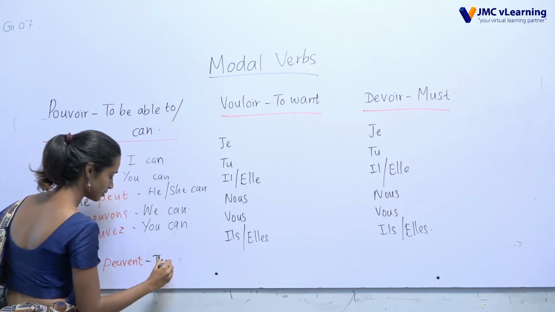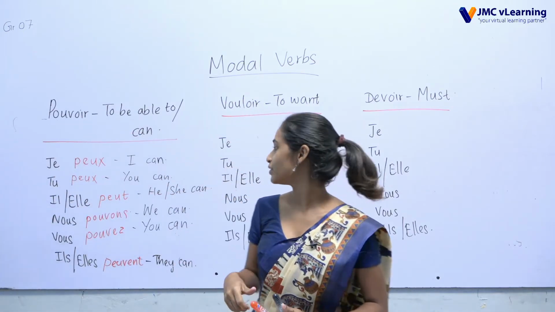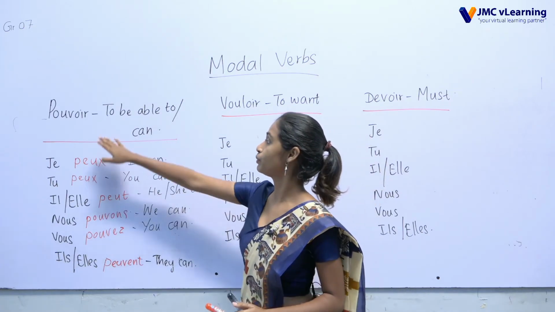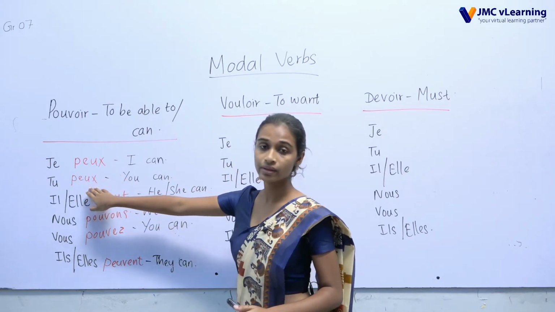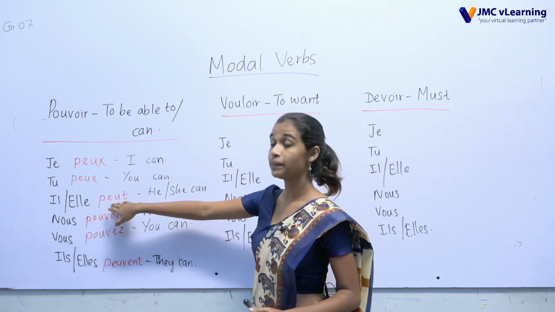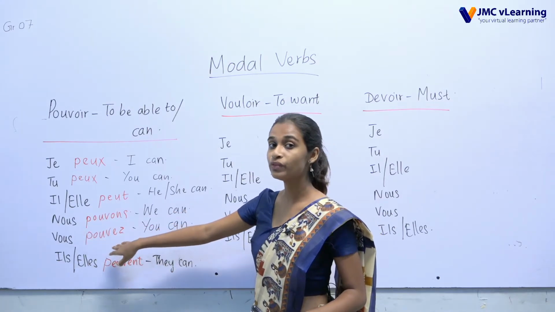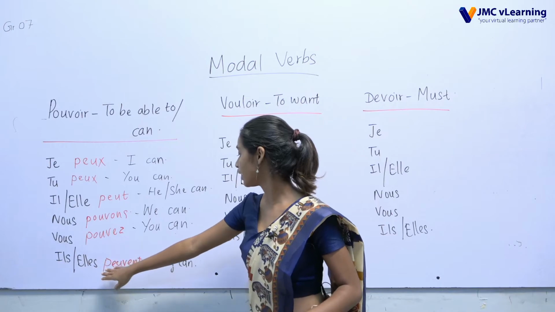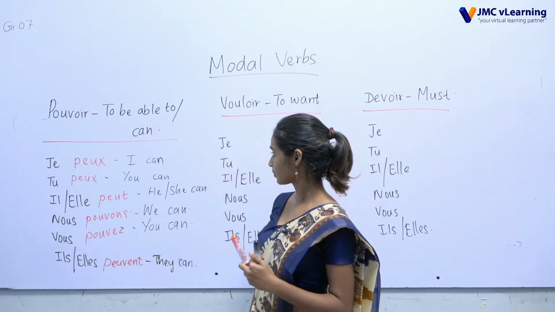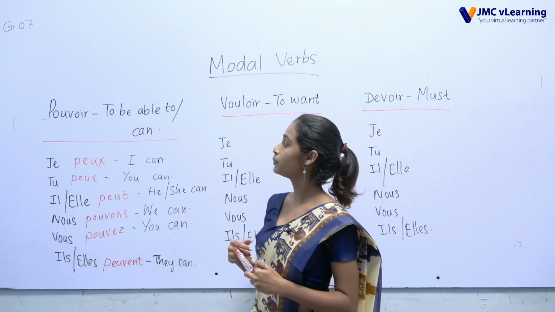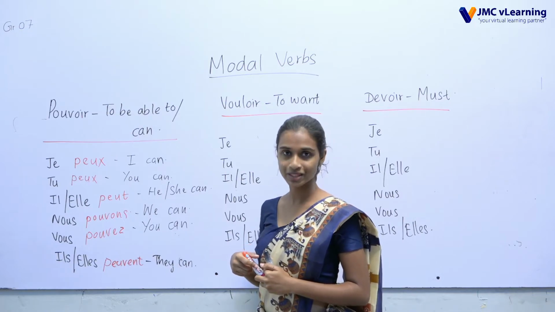They can. Right? So once again we will read this. Pouvoir, je peux, tu peux, il or elle peut, nous pouvons, vous pouvez, ils or elles peuvent. Peuvent. Okay. So that is how you conjugate the pouvoir verb with the particular subject pronouns.